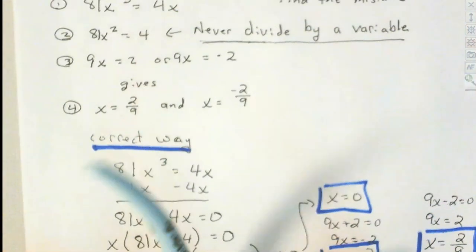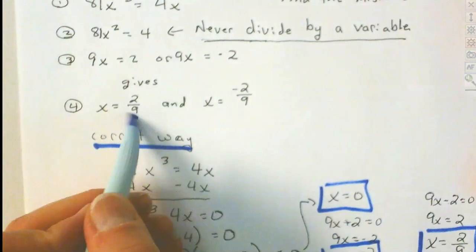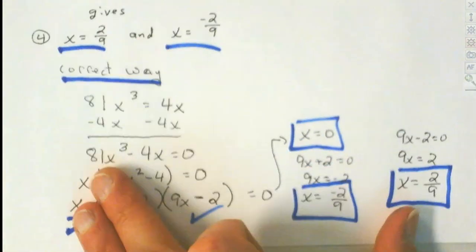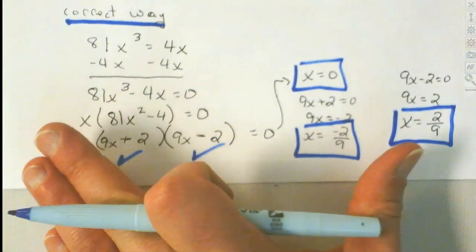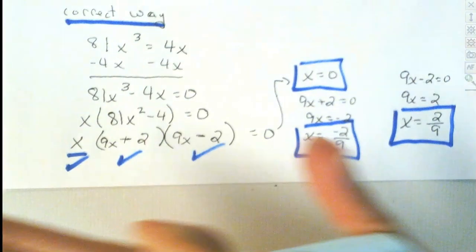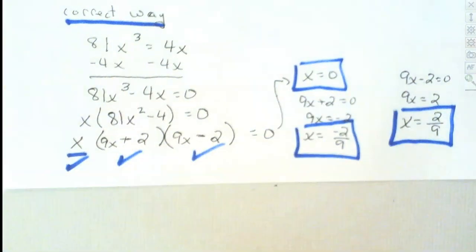What did they do here? They got part of them because they said, oh, these are our answers. But they missed a solution because they divided by the variable x. You cannot do that with an equation. You can do it with an expression, but with an equation you never want to divide by a variable, because then you lose one of the solutions.